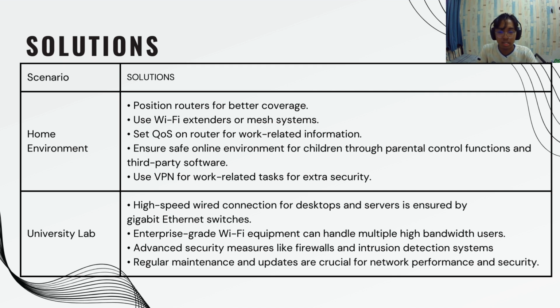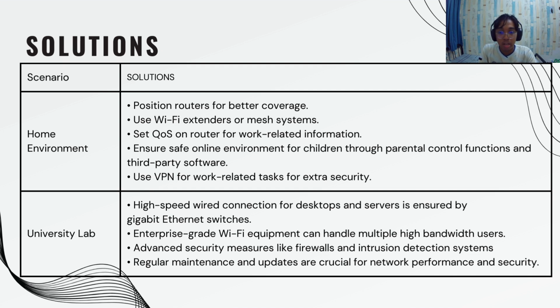For the last solution for the home environment is use a VPN for work-related tasks for extra security. A VPN, which stands for Virtual Private Network, encrypts the internet connection, adding an extra layer of security when working from home.